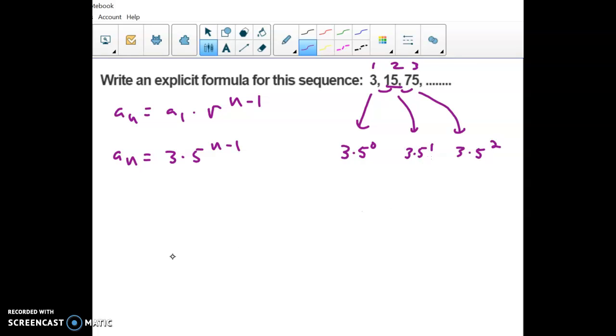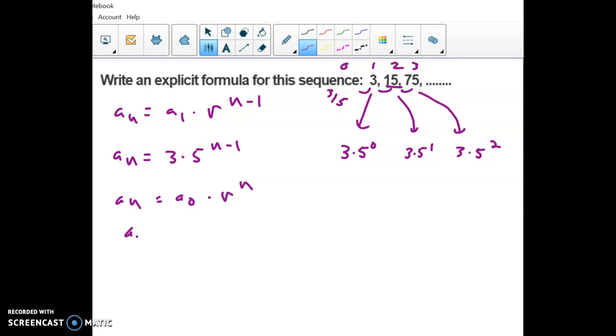This is kind of a long explanation, but the alternate way is you can write it with the 0 term, and the advantage of that is then you just do r to the n power. If we go back one, the 0 term would be, we have to reverse the pattern, so divide by 5, so we'd have 3/5.